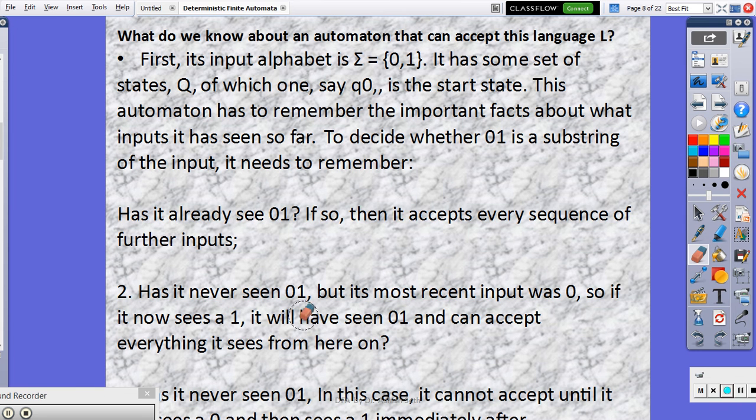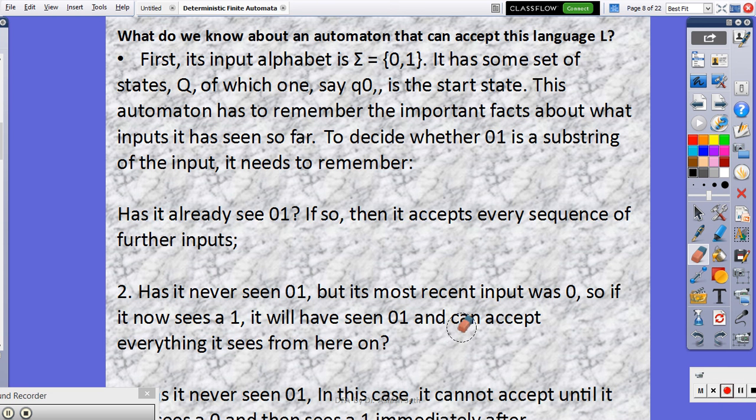Second case: it has never seen 0 1, but its most recent input was 0. Means we have reached a state which has seen only 0 but not 1. That means if the next time the state reads 1, it will reach the final state. And the third case may be it has never seen 0 1.